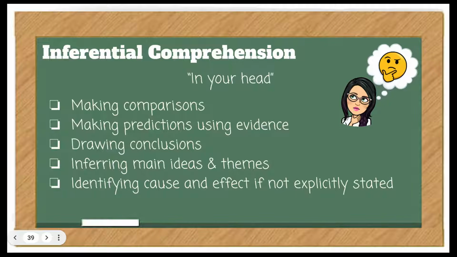They need to understand meanings that are suggested but not directly stated in the text. Students will also be understanding cause and effect. They should be able to identify relationships between events or actions and their outcomes. And again, this may not be explicitly outlined, right? We need to help our students make those connections.